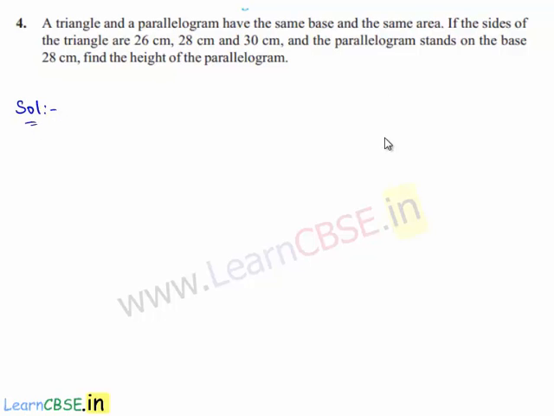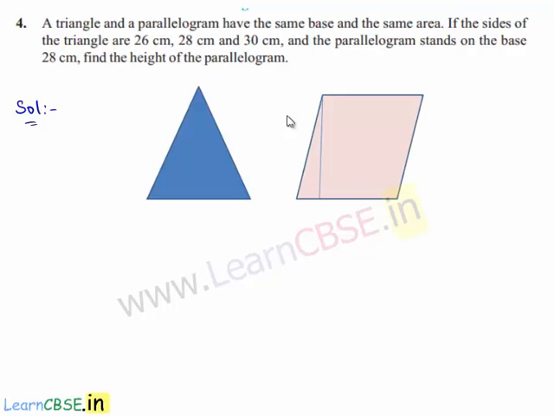So now we shall consider a triangle and a parallelogram. Let us name the triangle as ABC, and we'll name the parallelogram as PQRS. Given that the sides of the triangle are 26 centimeters, 28 centimeters and 30 centimeters.